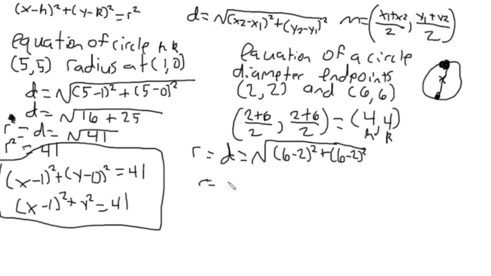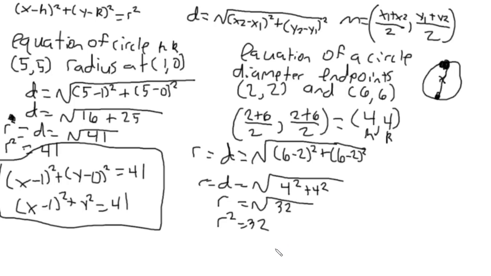So my r, which is my d, equals the square root of 4² + 4², which is the square root of 16 + 16, which is 32. So that's my r, but then my r squared is just going to be 32.